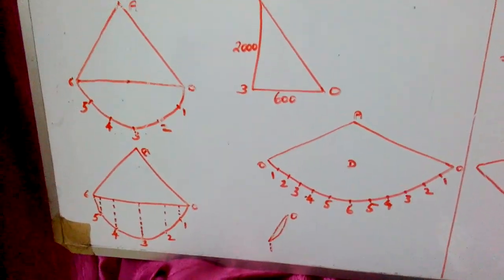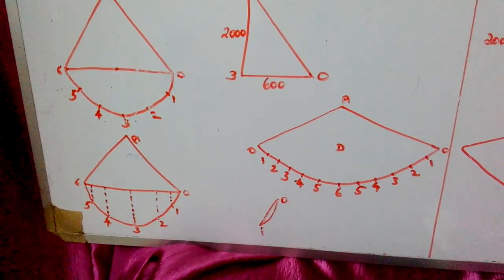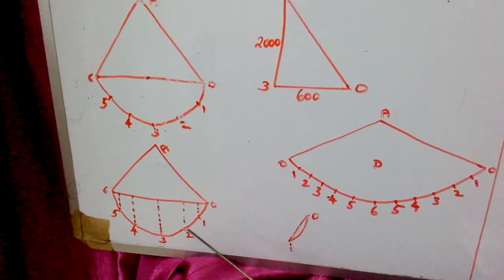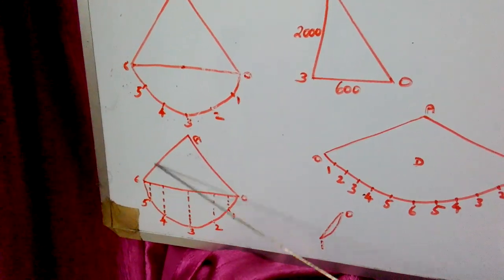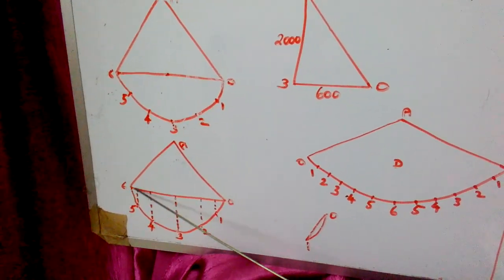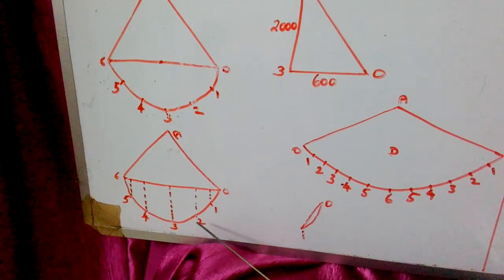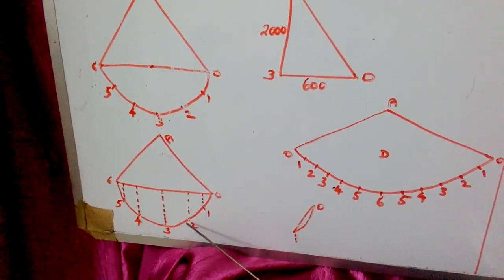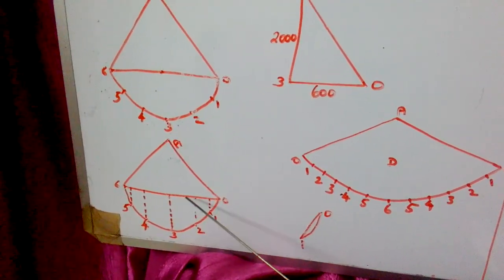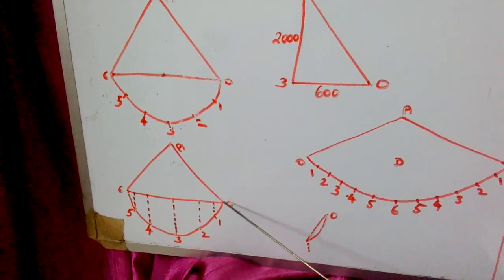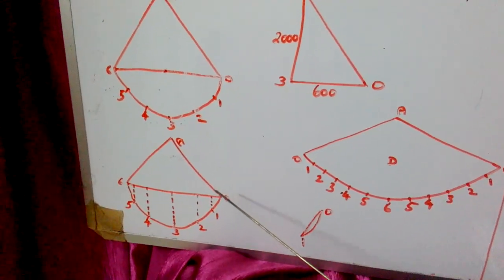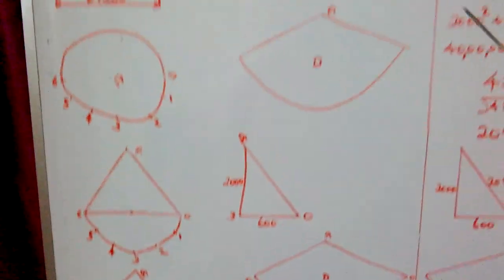If somebody asks you to show the proper place of 2 in this cone, it is this much only. You have to show this 2's position here. 1's position is here. 0's position is itself. Okay.